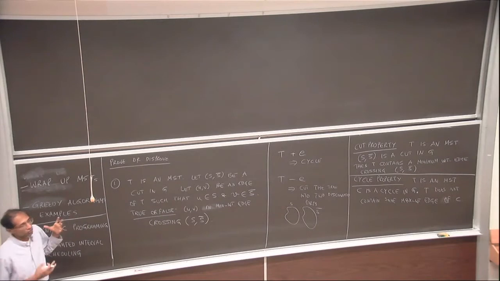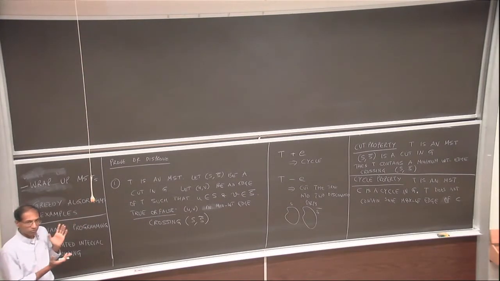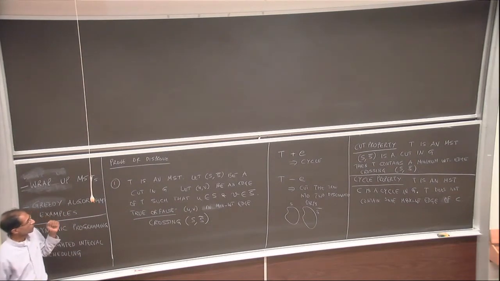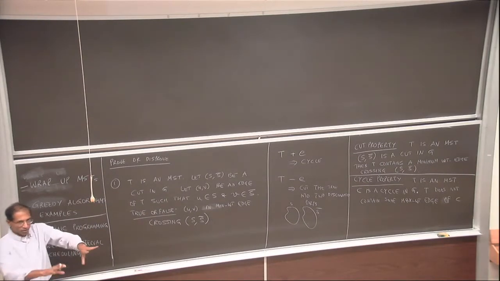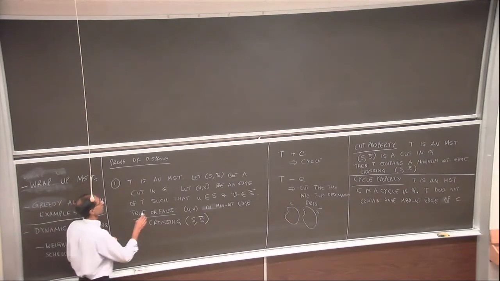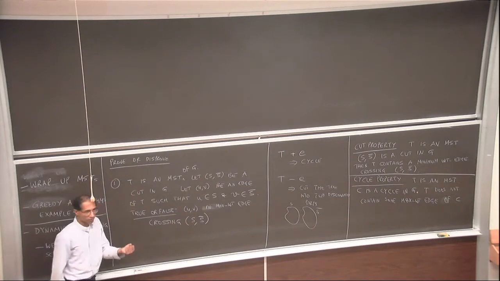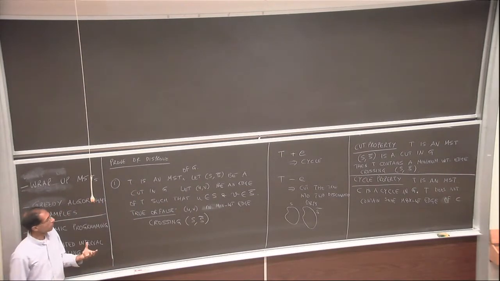You might have a statement like this, and you have to try to visualize what is going on and reason about it. So the claim is, I give you a minimum spanning tree of G, where G is the graph given to you, and T is the minimum spanning tree given to you of that graph.